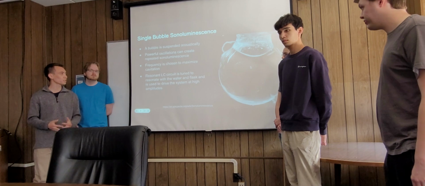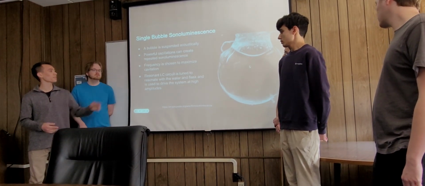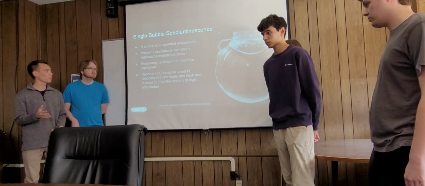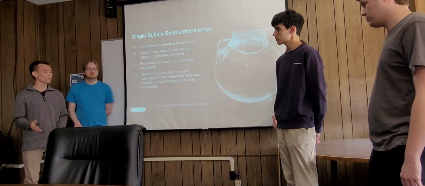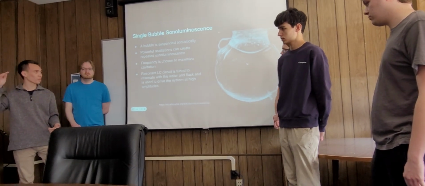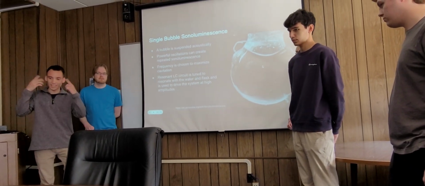The reason we're doing that is, as you can see, the bubble is suspended in the middle of the water. We want to suspend and trap our bubble. It's the same way that if an opera singer sings really high frequencies, it can sometimes shatter glass or someone's glasses.